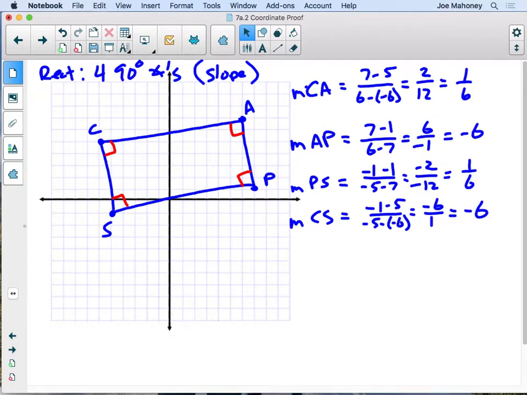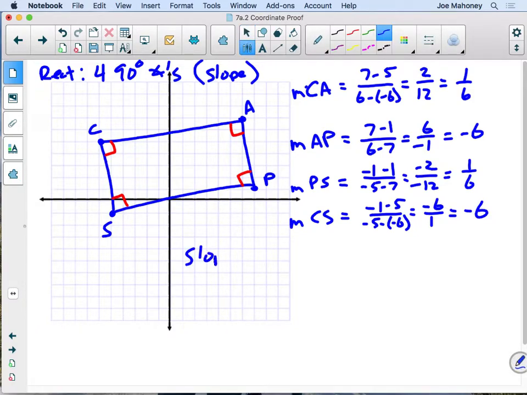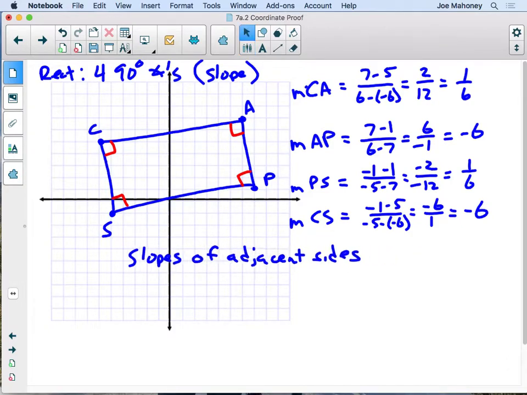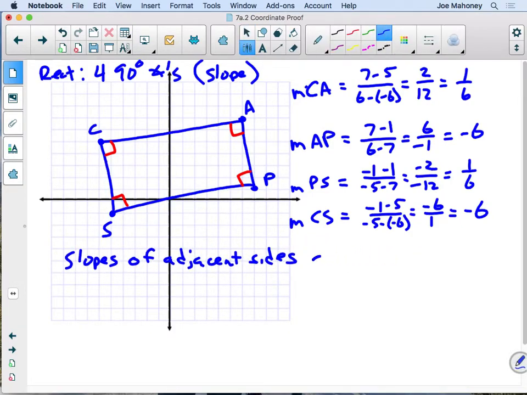Let's write that down. So let's see, we know that the slopes of adjacent sides, going to run out of room, so hold on a second. Let's throw that over there. Are opposite reciprocals. Okay, I'm going to write down what I notice.